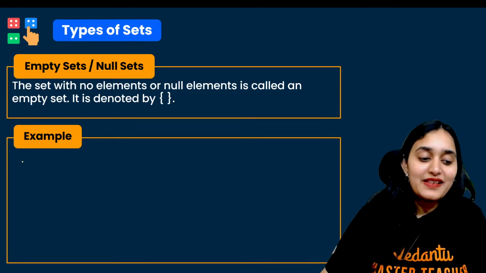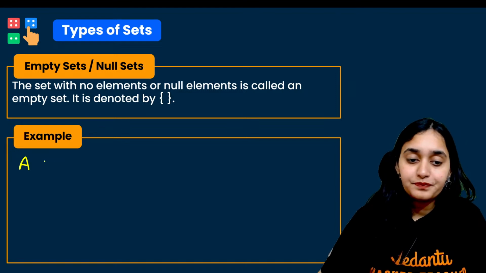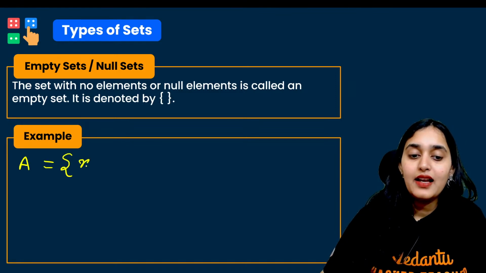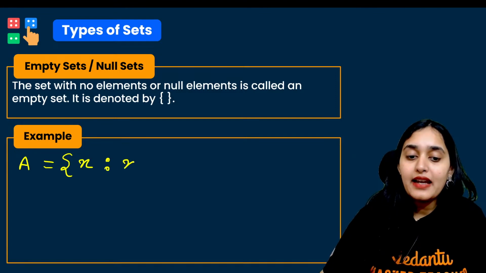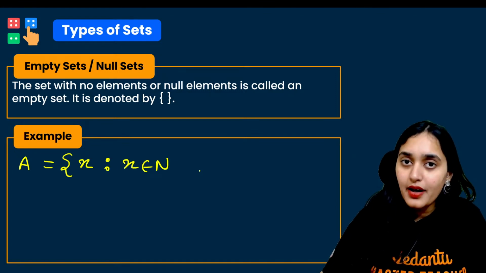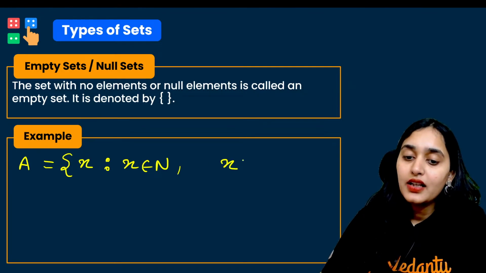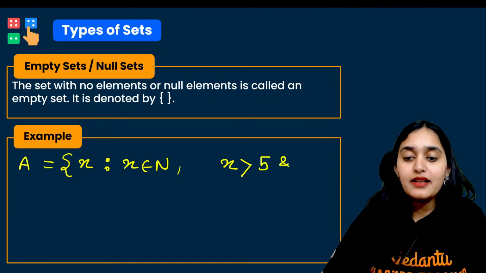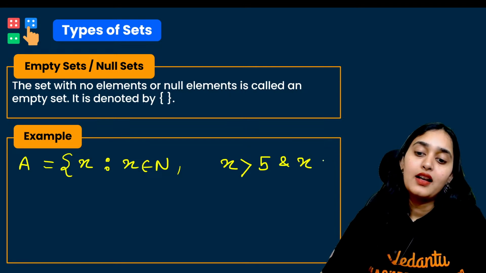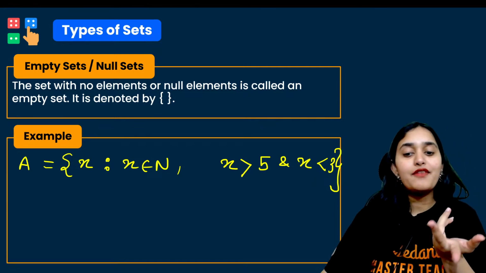Simple, right? So suppose I define a set A which has element x such that x is a natural number where x is greater than 5 and x is less than 3. Now tell me a natural number which is greater than 5 but less than 3.